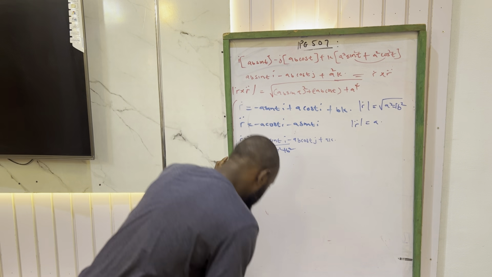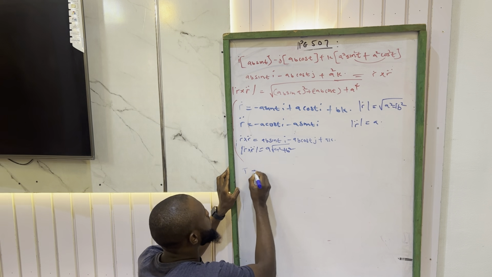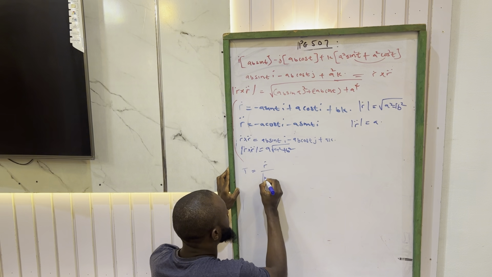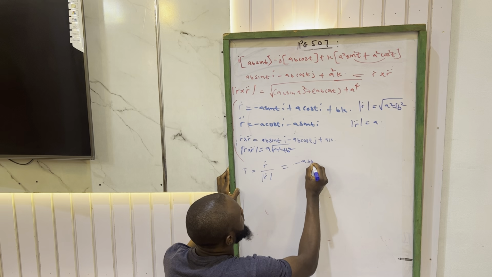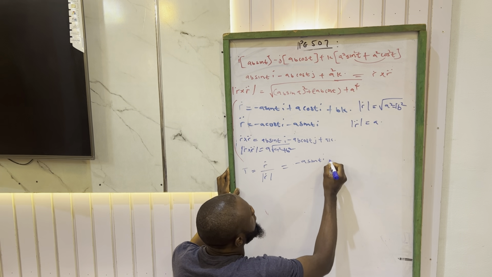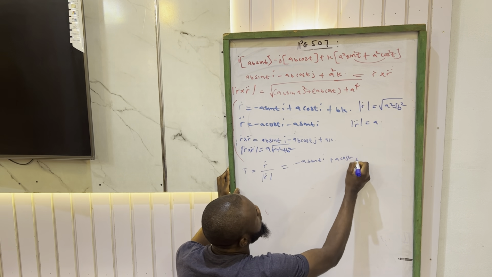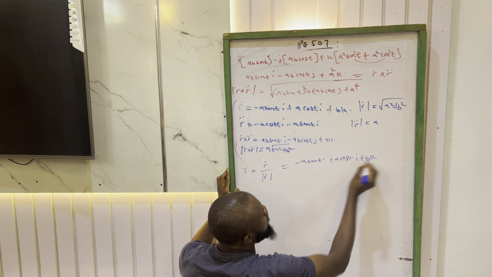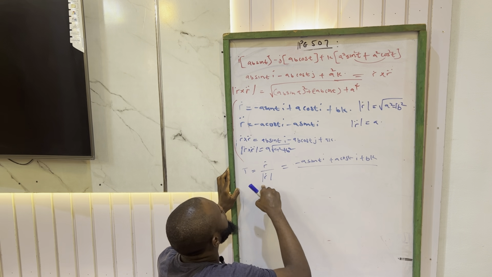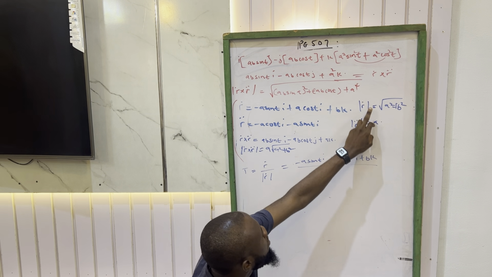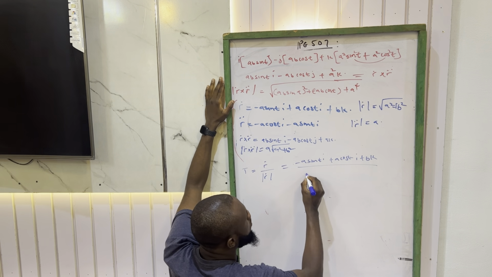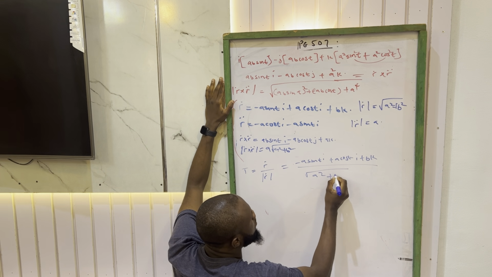So with this, our tangent is given by this over this, which is minus a sine t i plus a cos t j plus bk, all over square root of a squared plus b squared.